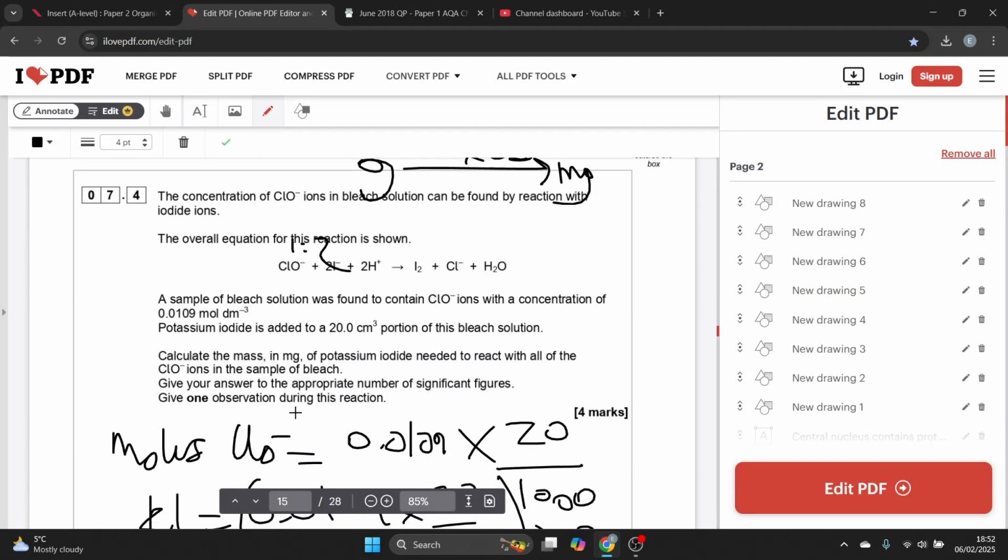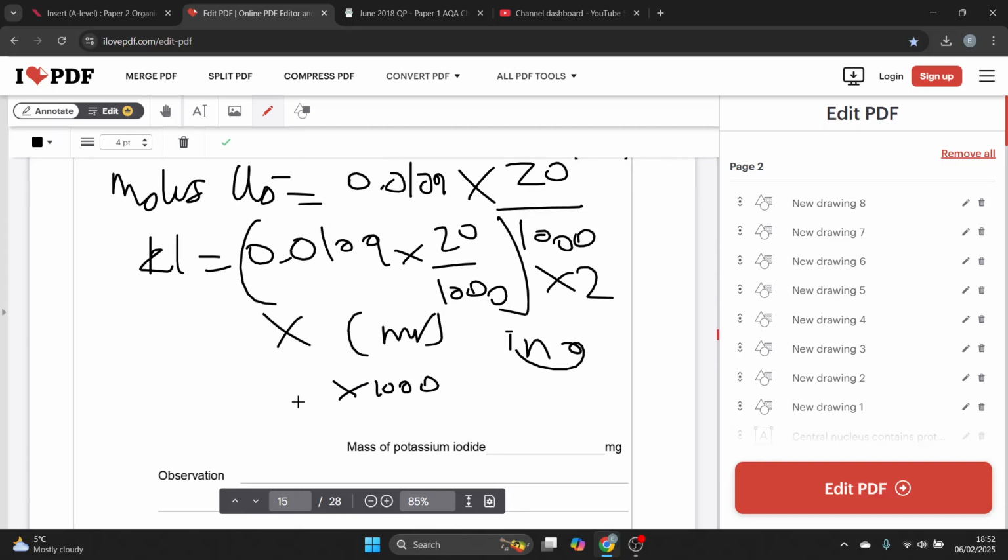That will give me my answer. So find out the moles: 0.0109 times 20 divided by 1000, 0.02, then times by 2. Then find out the mass. And you should then times by 1000. Don't forget to do that part. Grams to milligrams: 72.4 milligrams.